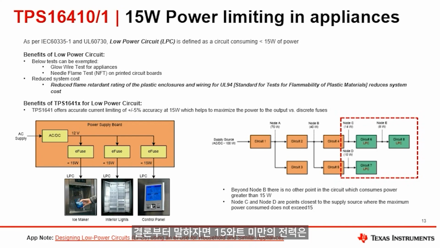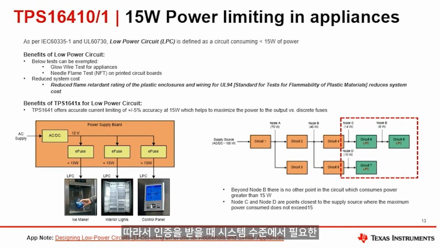Really what it comes down to is anything below 15 watts is deemed as a low risk of fire. What that really helps to do is forego some tests that are required at a system level. For any circuits that are less than 15 watts, the glow wire test can be exempted, as well as the needle flame test.